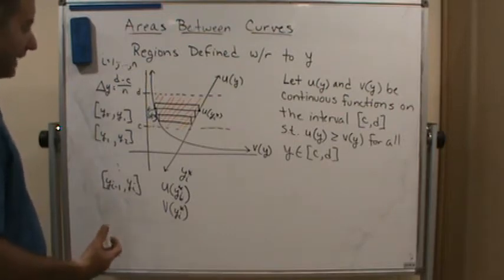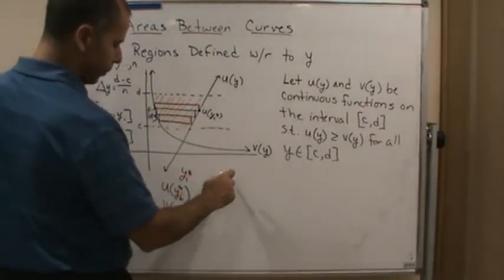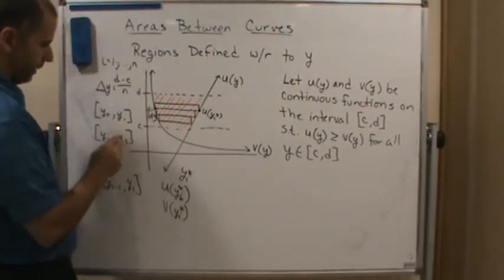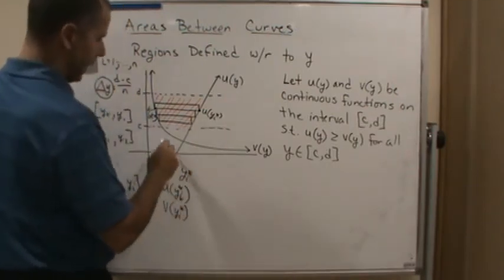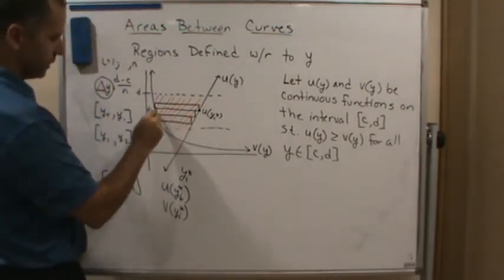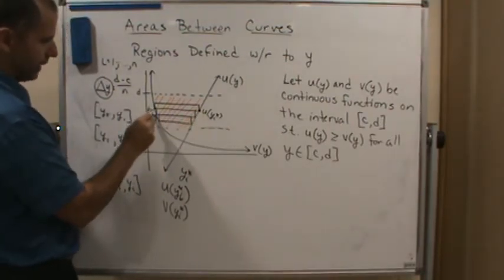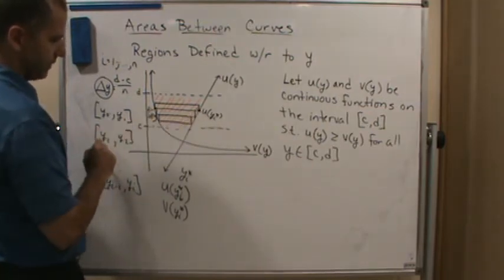And so if we put it together, if we want the area of one rectangle, what's the area of the rectangle? It's the width, right? What's the width? Our delta y. Times the height of the rectangle. What's the height? It's going to be the top minus the bottom, so right minus left in this case.